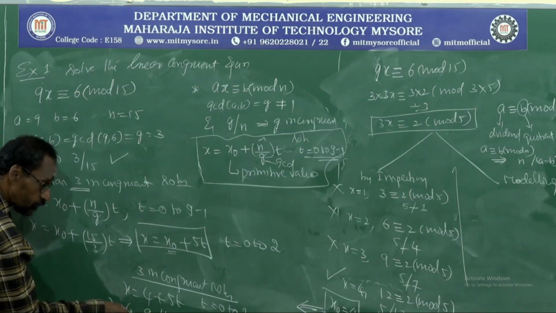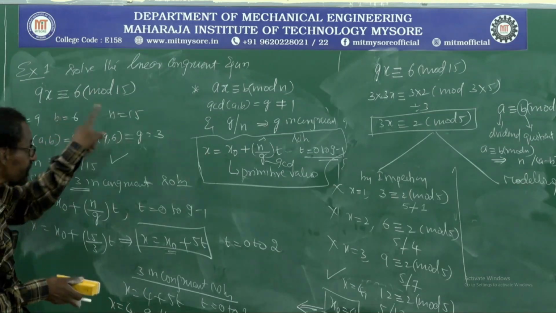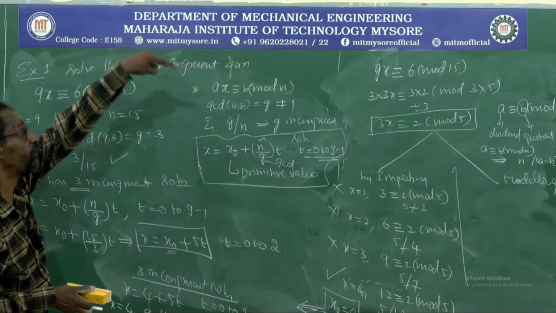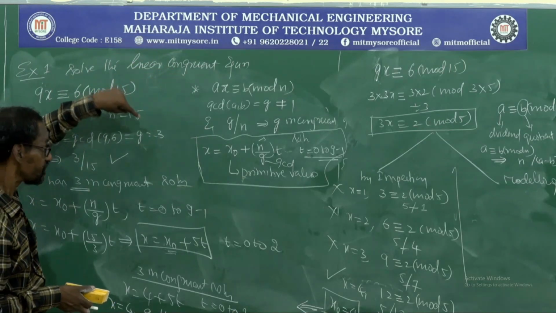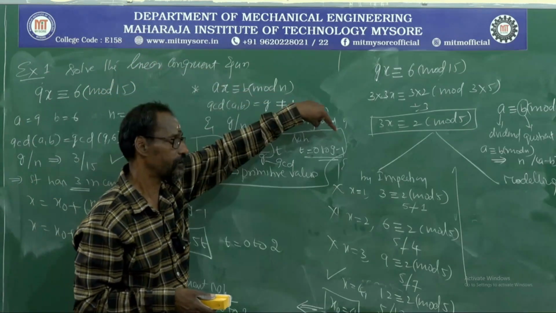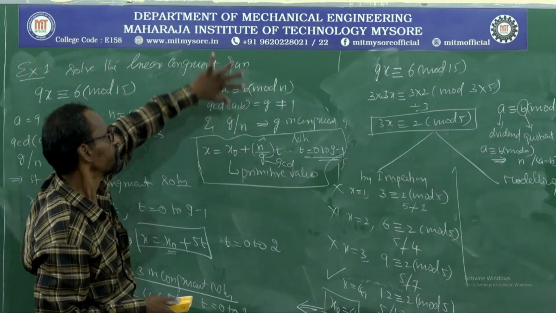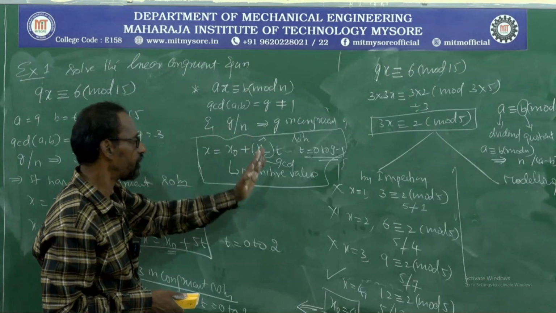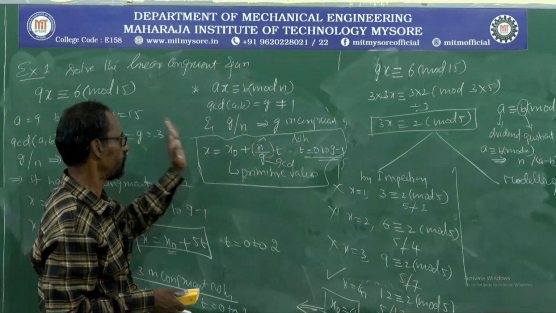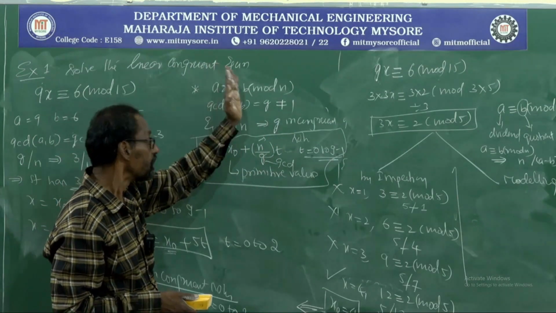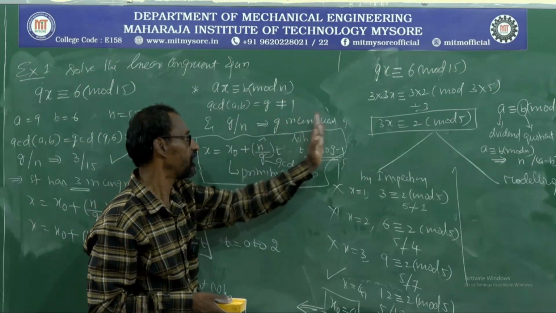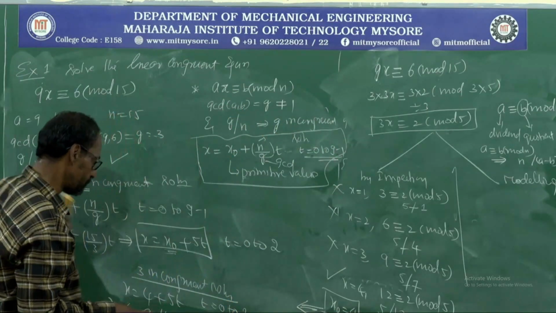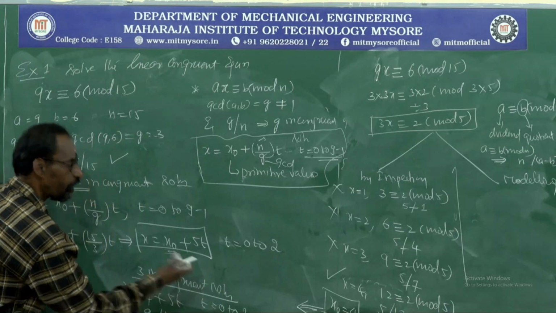Why did I get 3 solutions? Because the GCD is 3 and 3 divides my divisor, and according to my standard representation, your incongruent solutions can be obtained using x is equal to x naught plus n by g times t, where t runs from 0 to g minus 1. So 0 to 2, we have 3 incongruent solutions.